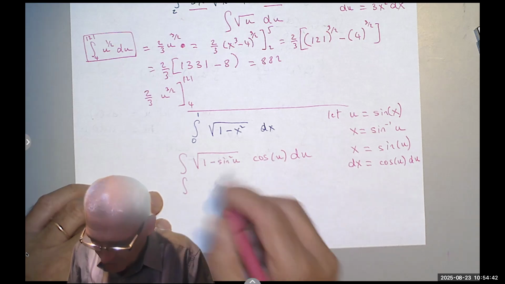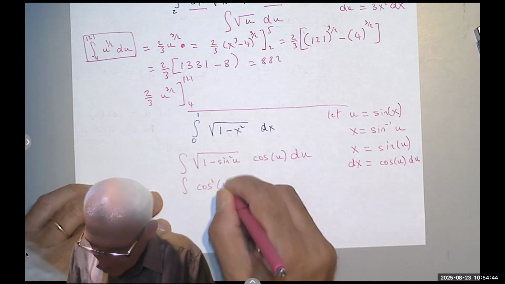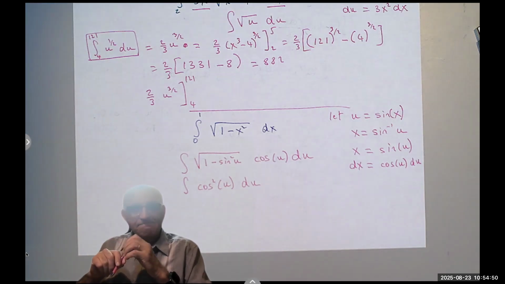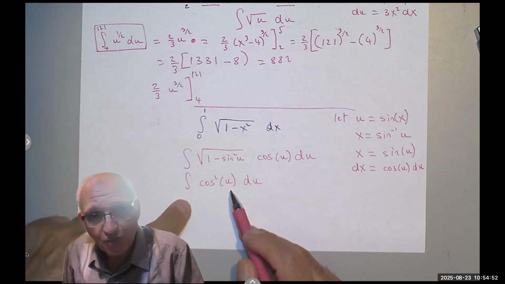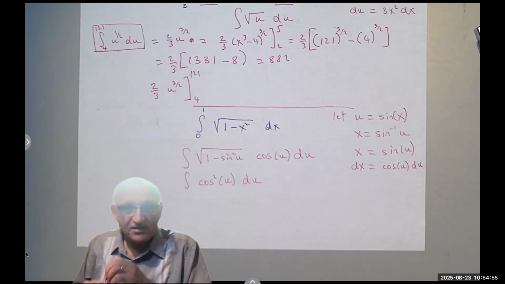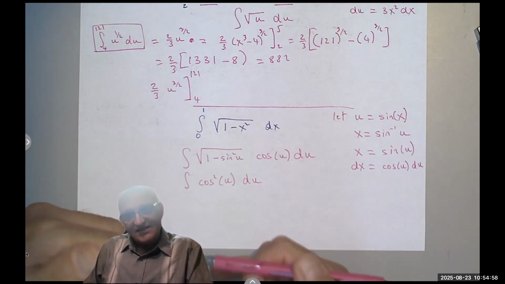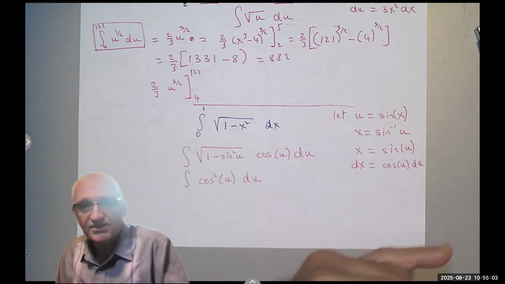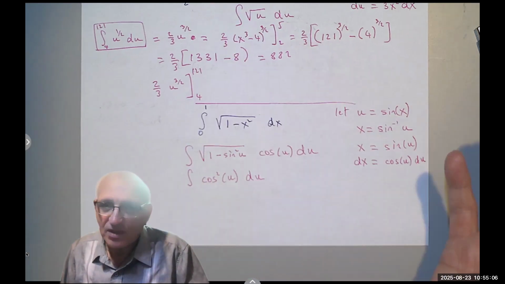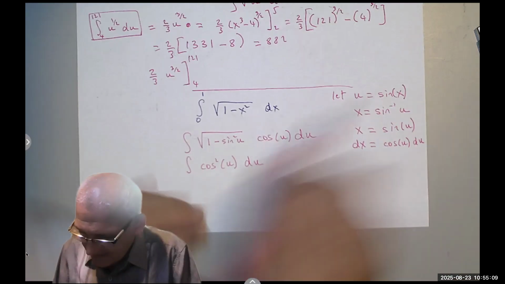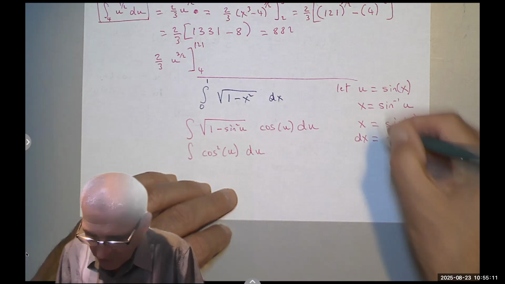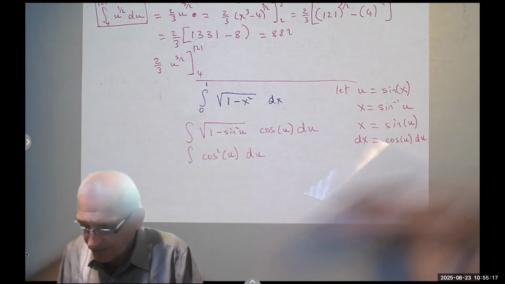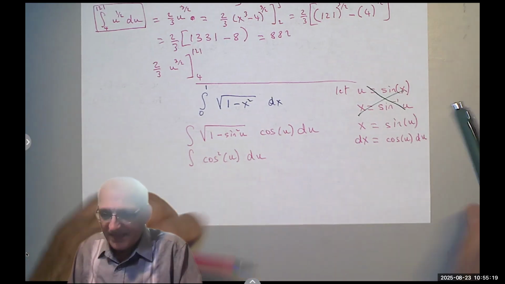Cosine of u times cosine of u is cosine squared u du. And like I did last time, I can either stay with u and change the limits of integration, or solve this as if it were an indefinite integral and then go back and substitute in x and then evaluate from 0 to 1. It's up to you. But notice that here I was showing you which way to go, because some people would use the other substitution and find that the inverse is too complicated, so you go back and do it this way.